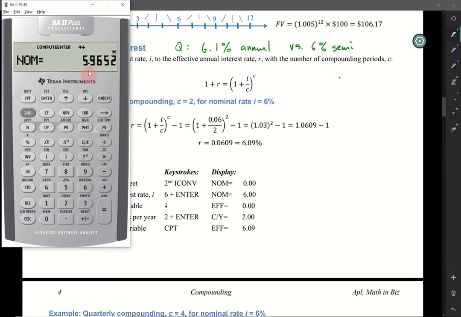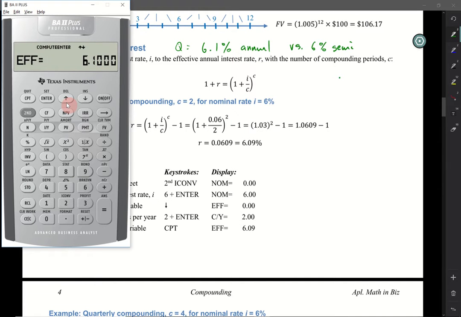So 5.97%, if that's compounded quarterly, is equivalent to an effective annual 6.1. So it is possible to be given the effective rate and then to recover the nominal rate that would be, in this case, compounded quarterly to give the 6.1 effective.